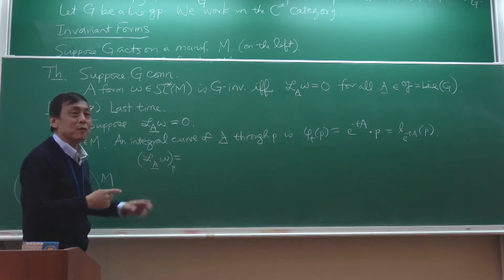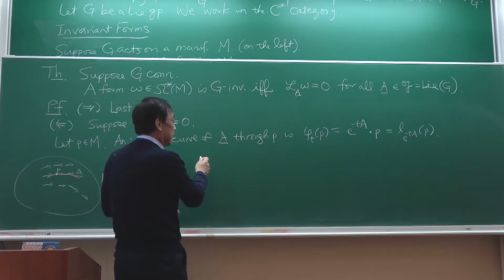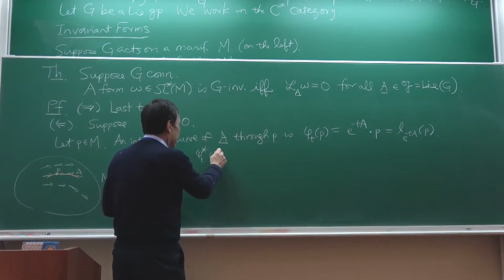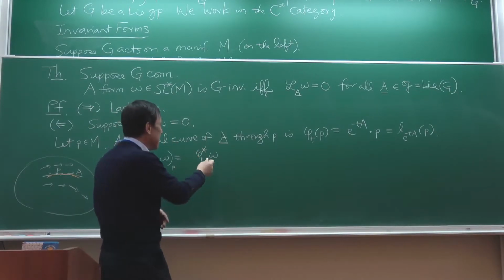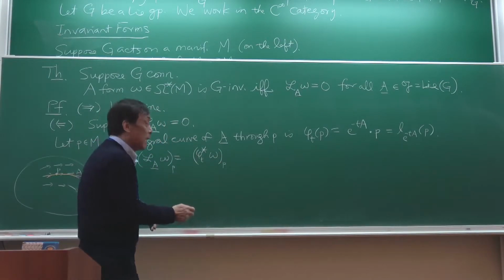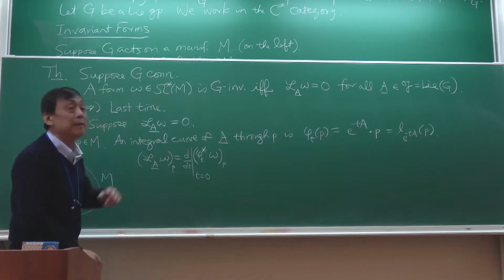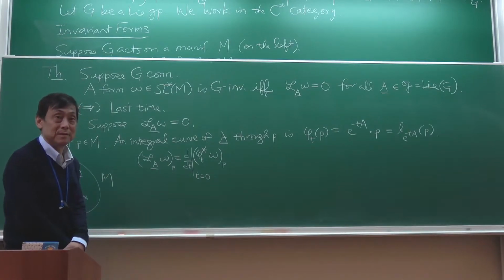right, yeah. For a form, it's easy, right? You just pull back. So it's phi_t star of omega. You pull it back to P, and then you take the derivative at time 0. Okay? So that's the definition of the Lie derivative.